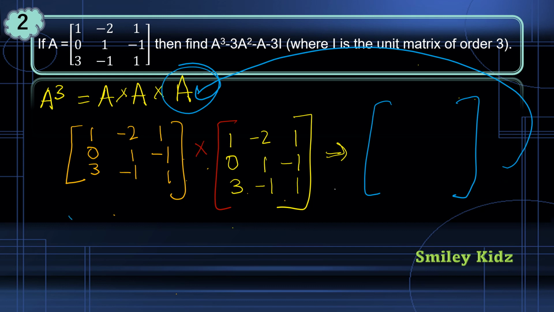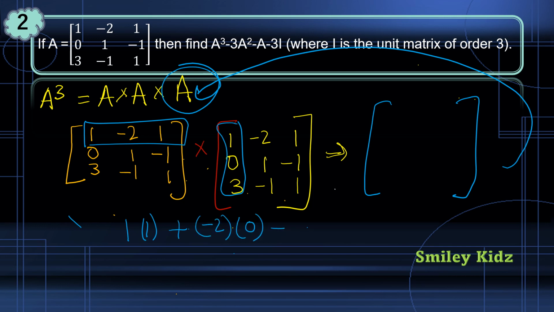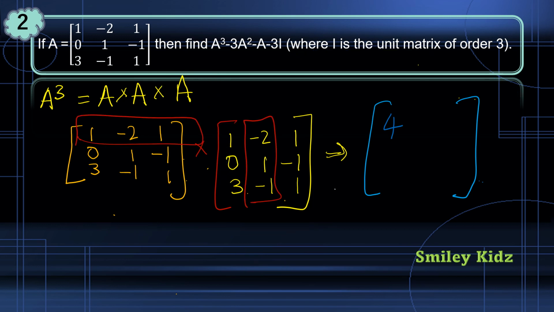Alright, let's multiply them. First row with the first column: 1 into 1 plus minus 2 into 0 plus 1 into 3. Here you have 1 plus 0 plus 3, that is equal to 4. So firstly you're going to have 4. Now take the first row and the second column.